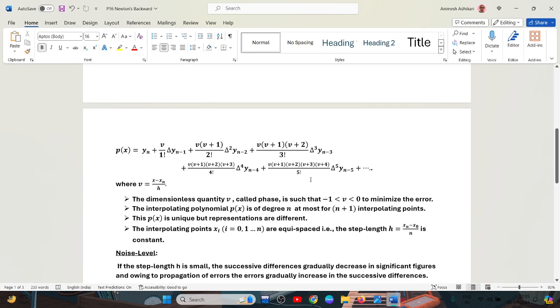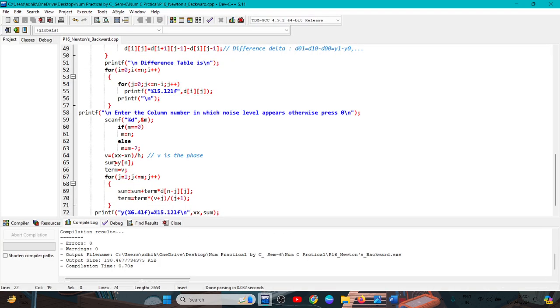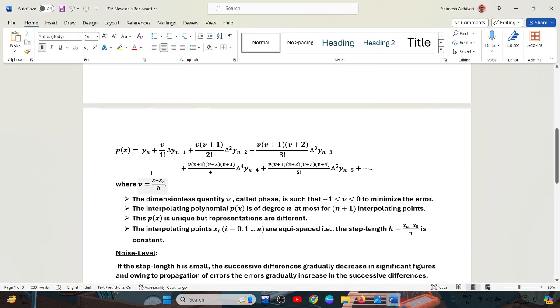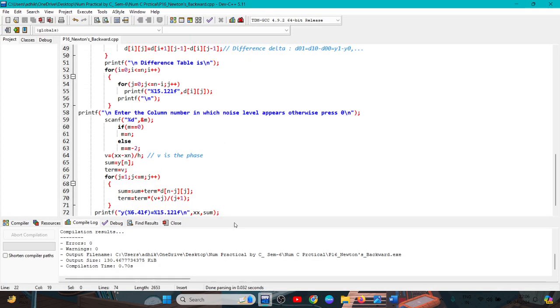So from this formula, the new sum equals the previous sum, that is yn, plus term v into d[n minus j][j], that is 9 minus 1, 8, d[8][1], which means delta y8. So yn plus v by factorial 1 into delta y8. So this term is v into delta y8.